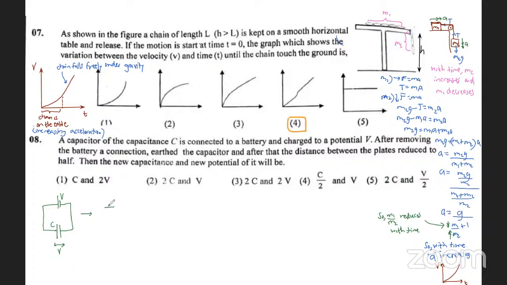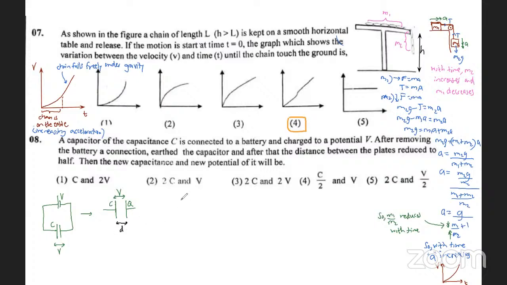I'll draw it a little bigger. In that capacitor we will have a potential of V, a capacitance of C, and a charge of Q. The gap between the plates is d.